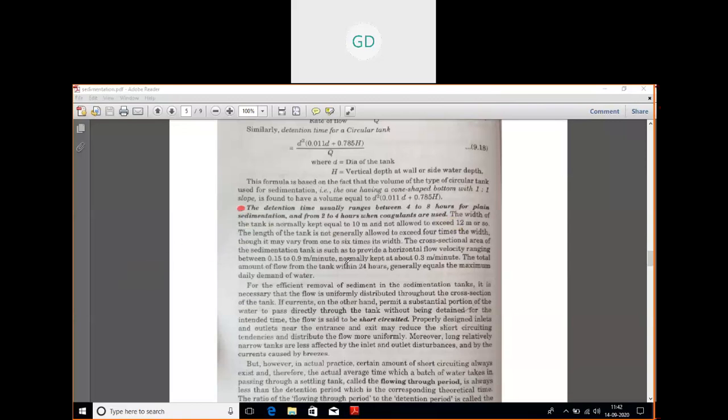The width also, it should be kept to 10 meter and it should not exceed 12 meter.